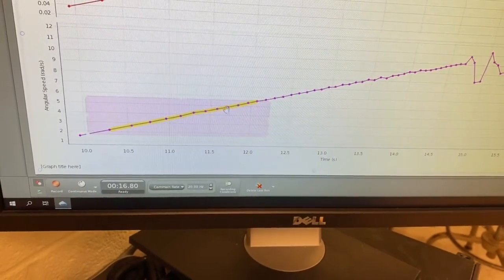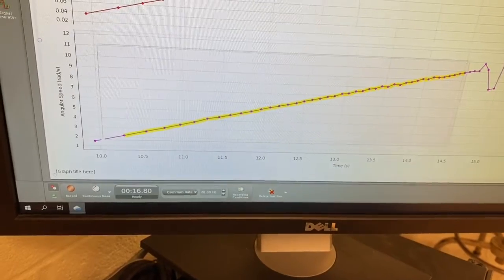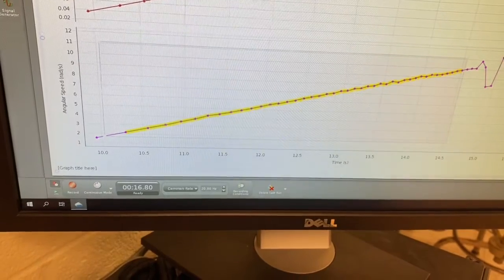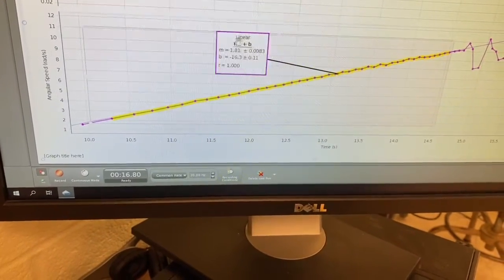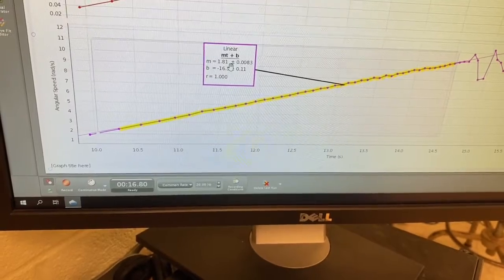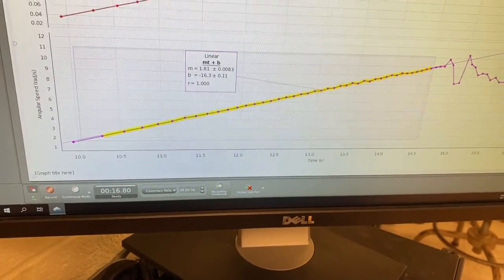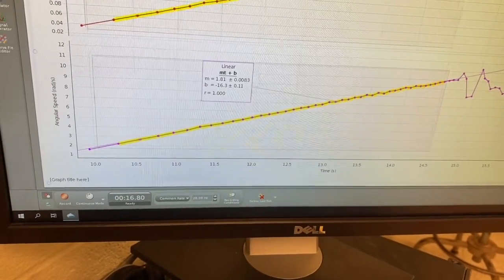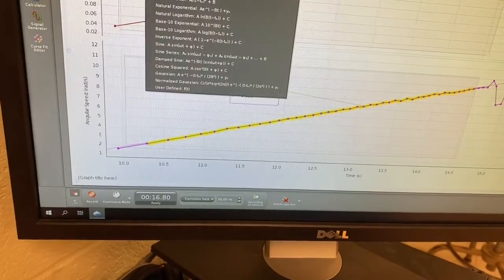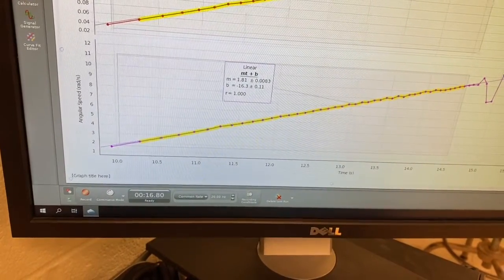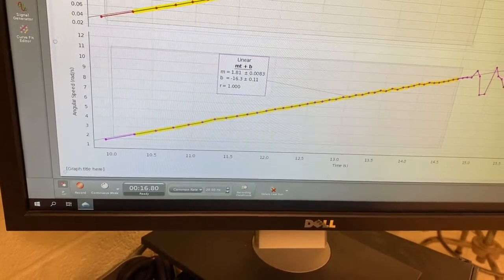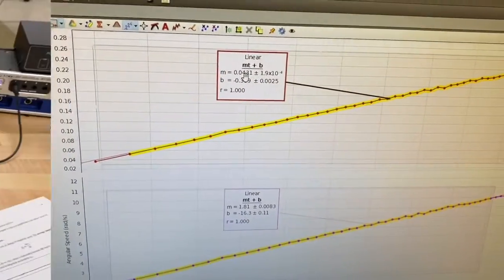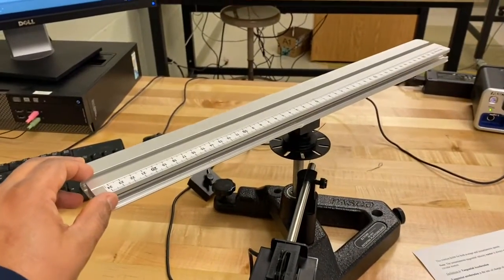So select that region, and okay, so this is the slope of the graph 1.81, that is the angular acceleration. Now in order to get the linear acceleration, again I'm going to select the linear portion of the data set and get the linear fit. Now I have the linear acceleration. So record this.